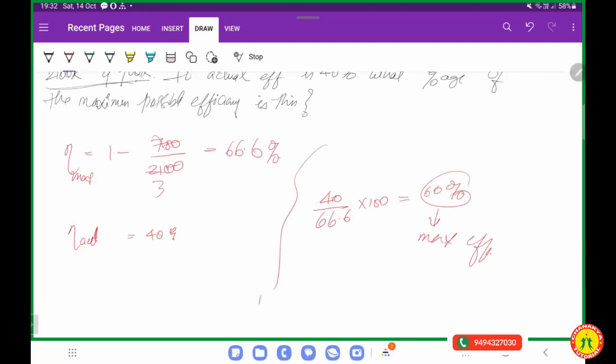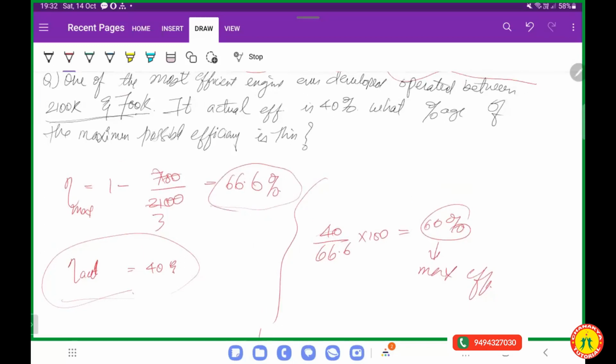So what I did here, I found the maximum possible and this actual. Maximum possible is the ideal case, where the engine operates between these two temperatures. But actually the maximum is 60%, not 66.